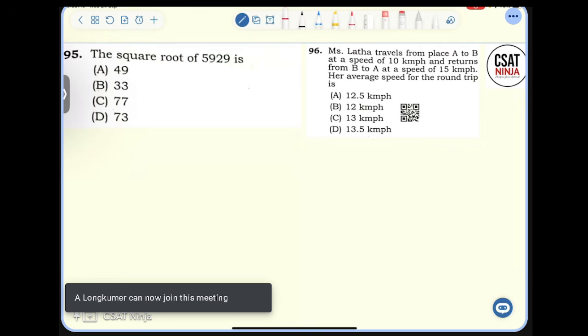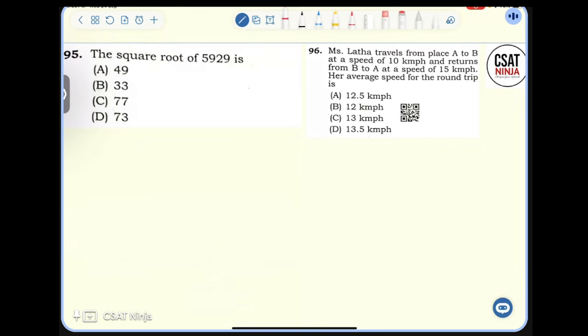Next is square root. So for square root kind of function, it's like this. There's a rule here. If a number is ending in 1, then the square root of that number has a unit digit of 1 or 9.